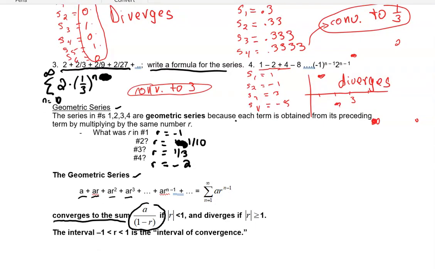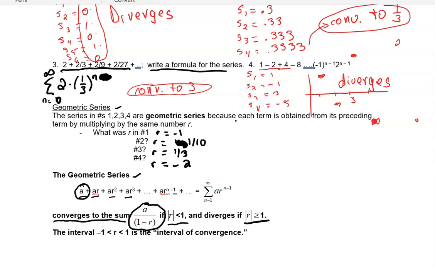Notice how a is the first term. So this is the first term in our sequence of numbers divided by 1 minus your common ratio. It will converge to this sum if the absolute value of our ratio is less than 1, but it will diverge if the absolute value of our ratio is greater than 1.